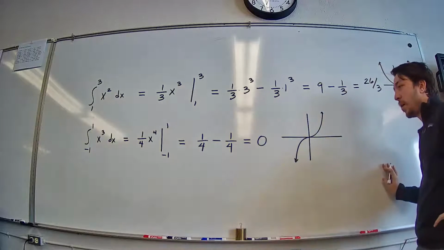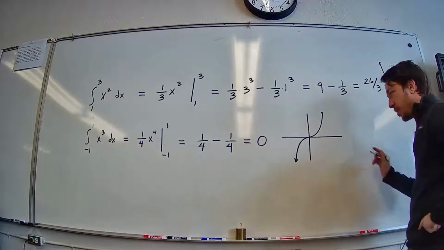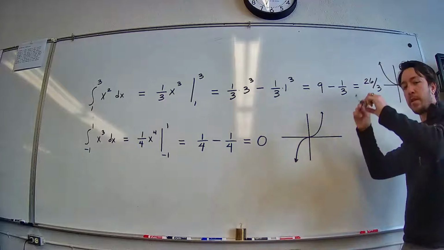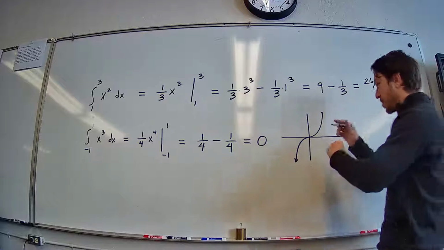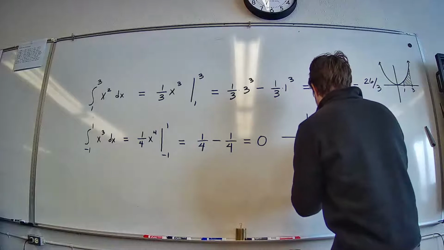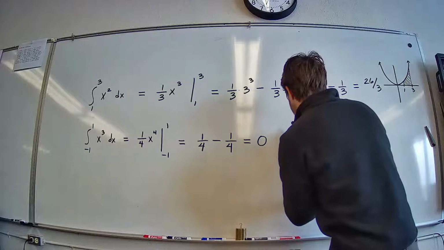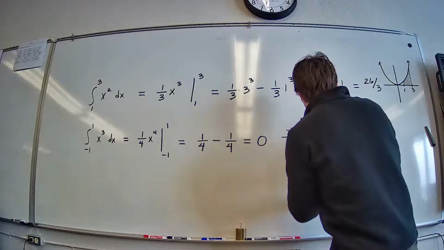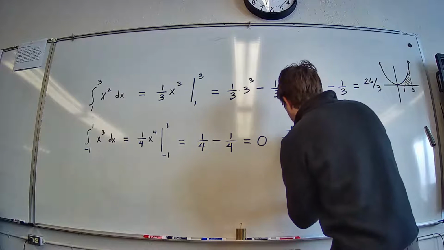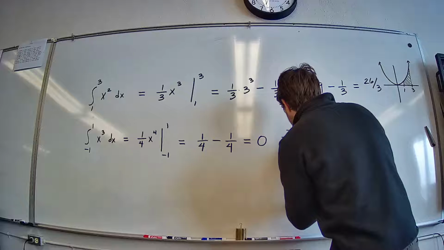Now look at the area. It's the area bounded between the curve and the x-axis. So here's 1, here's -1, and look at the areas. Well, first of all, by symmetry.